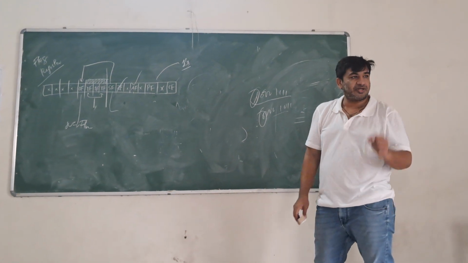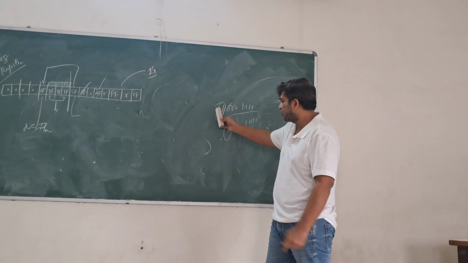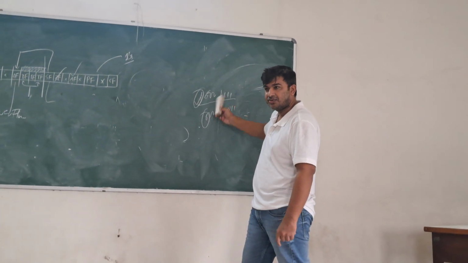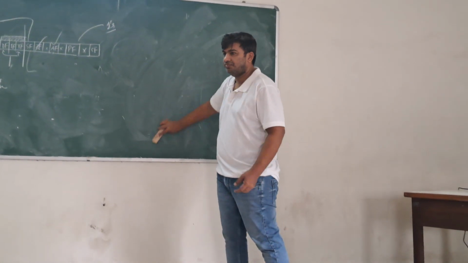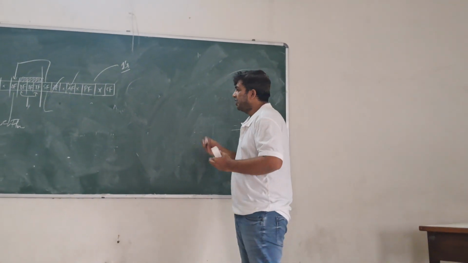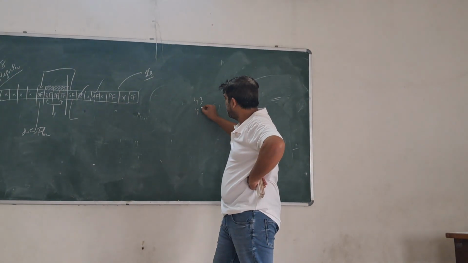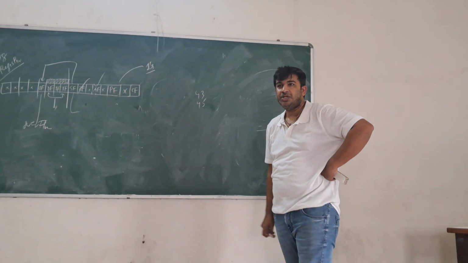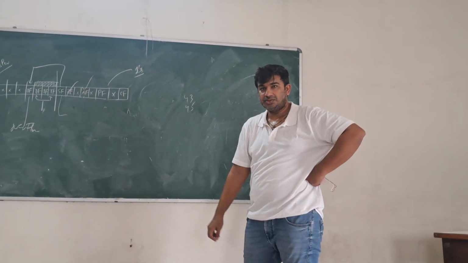That doesn't mean that your number is positive or negative. Keep in mind. By default, if it is 1, the number is negative, and 0, positive. But why am I saying that it is not the case? Because suppose I am adding 43 plus 45. Suppose these are positive numbers.